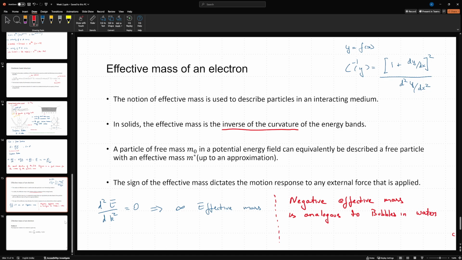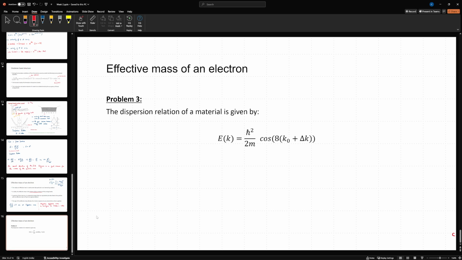Okay, so with that, we come to the final problem for today. We have a dispersion relation that is given as such: E = (ħ²/2m) cos(8(k₀ + Δk)).